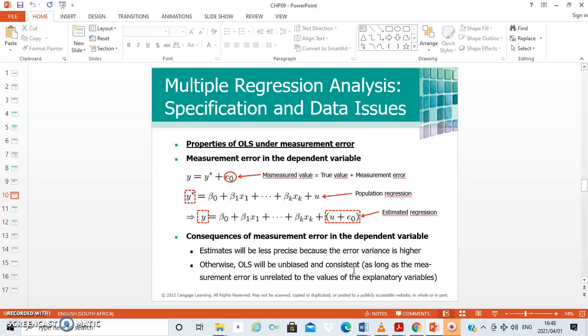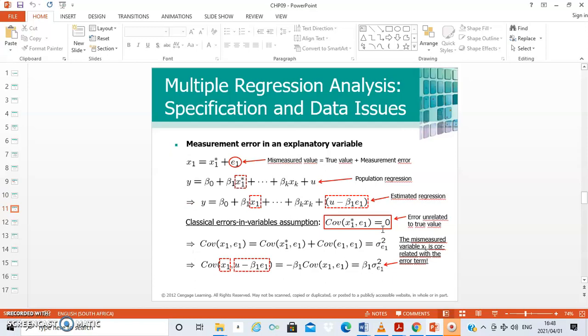At least that is one positive we can take out of here. But the major consequence is that our estimates will be less precise because of the overestimated error variance, because that error variance includes the mismeasured value.